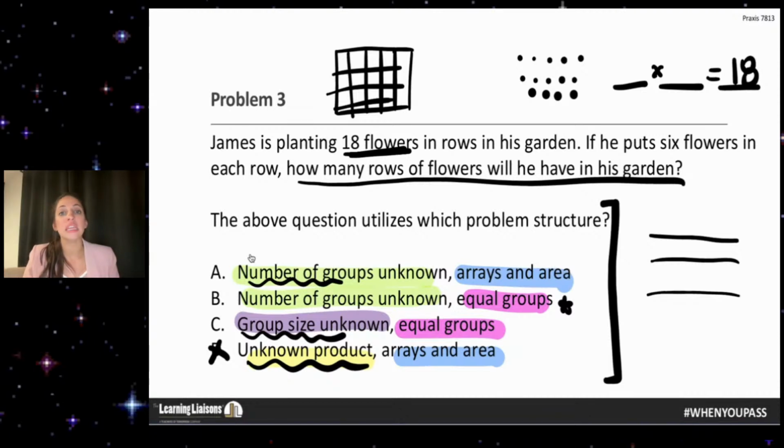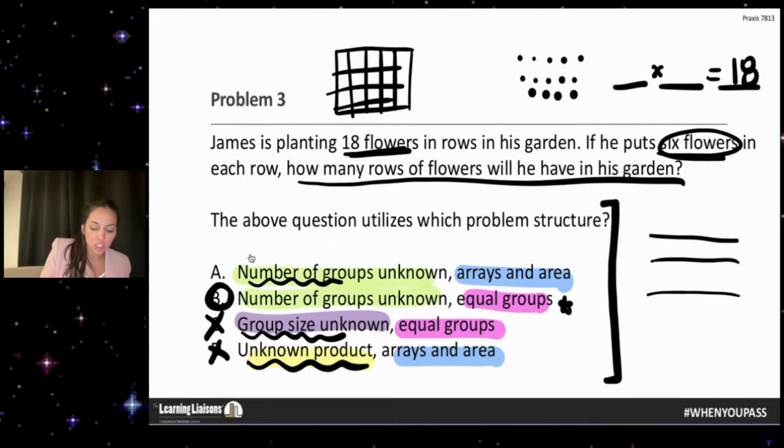I'm looking for the number of groups. I already know that there's 6 flowers in each group. So my group size is known, so it's not going to be C. Group size is not unknown. My number of groups is unknown. So my answer is going to be B.